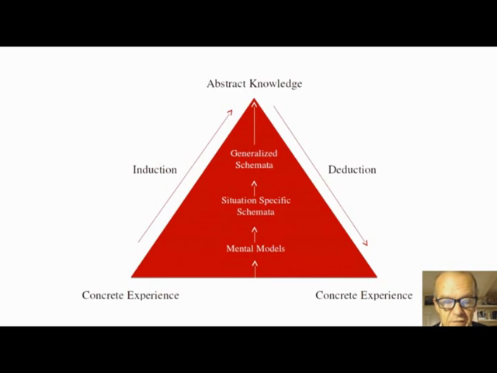What you see here is that you can go from one concrete experience to another concrete experience, either by choosing the path along the base of the triangle, that's the low road transfer path, or you take the route along the vertex of the triangle, and that's the high road transfer route.